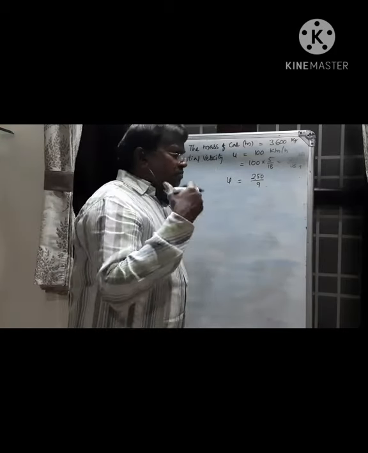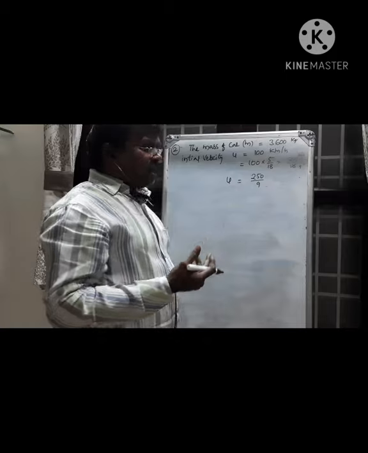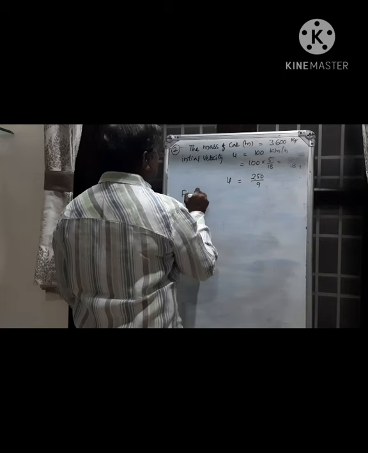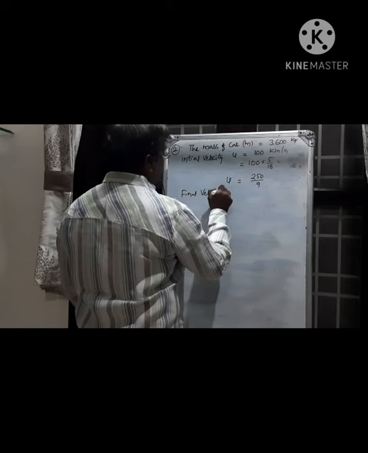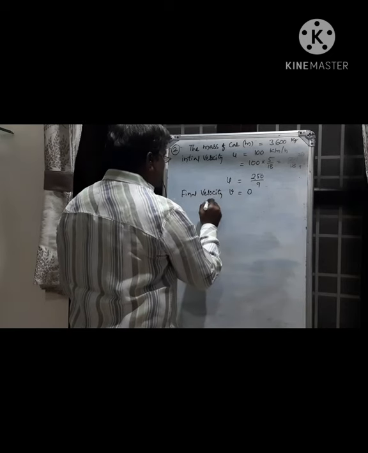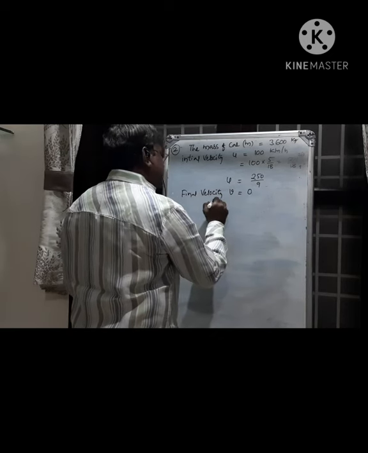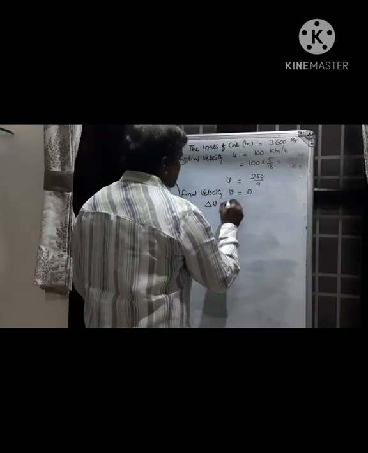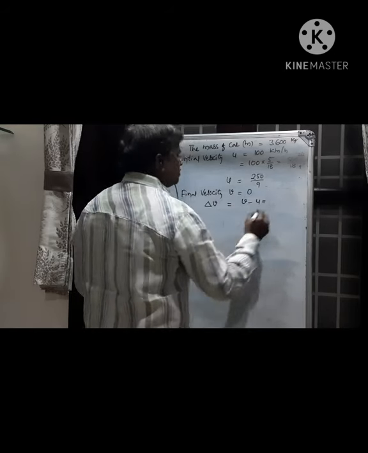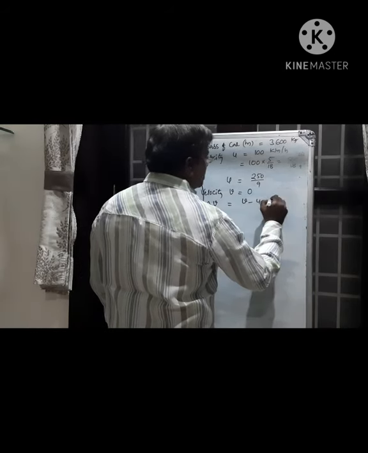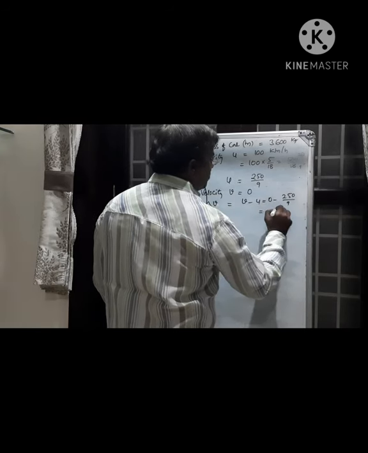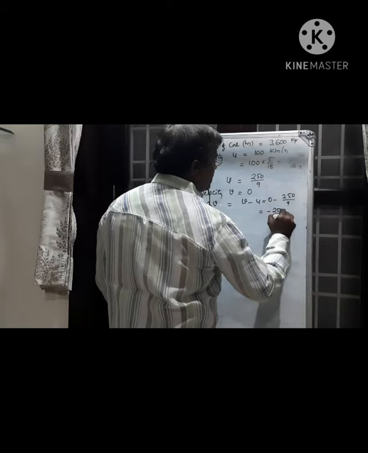So after hitting the wall, the car comes to rest, that is the final velocity of the car is 0. Let us say v is 0, then the change in velocity, that is v minus u, is equal to 0 minus 250 by 9, that is minus 250 by 9.